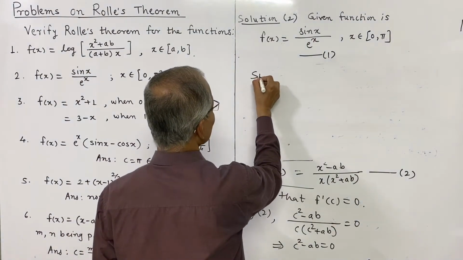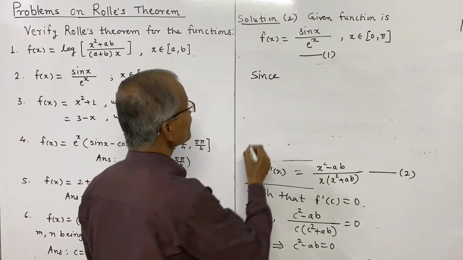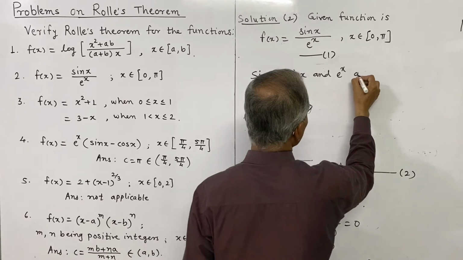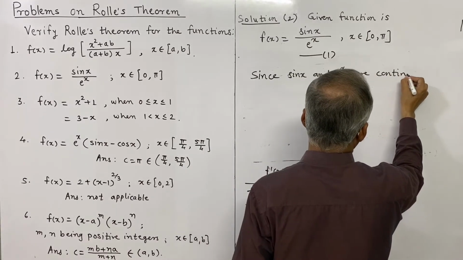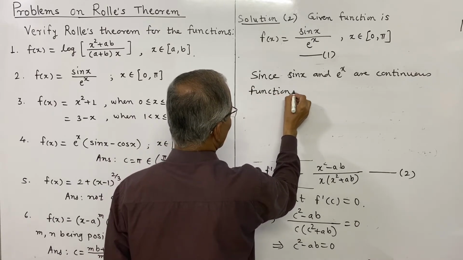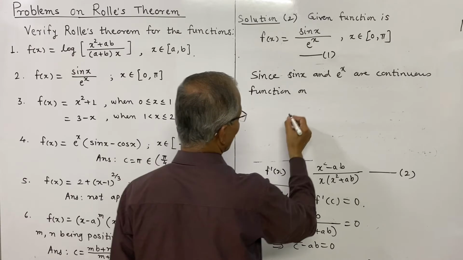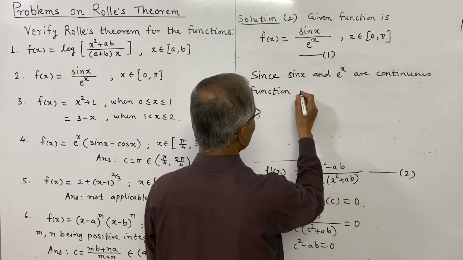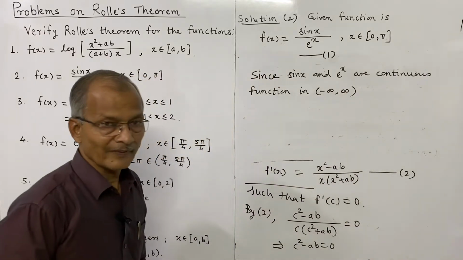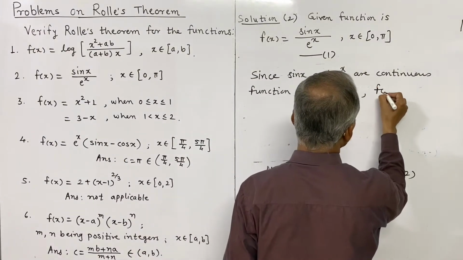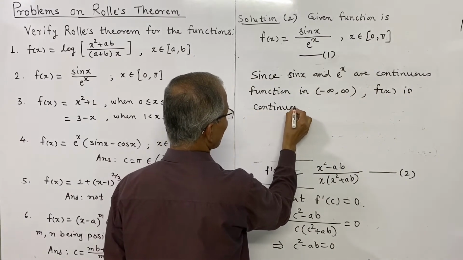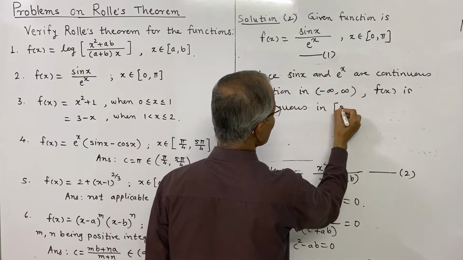So we can mention in one statement: since sin x and e power x are continuous functions on real numbers, in the interval minus infinity to plus infinity, f of x is continuous in the closed interval 0 to pi.